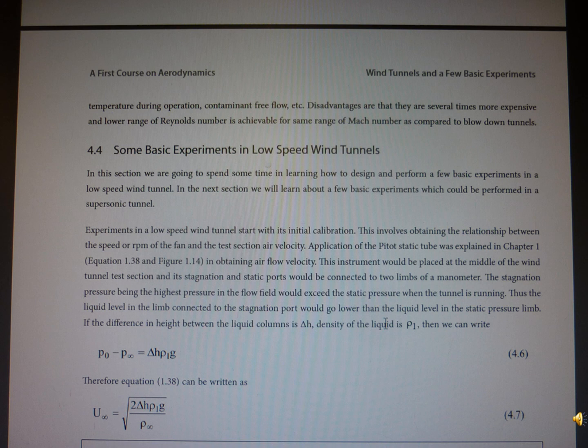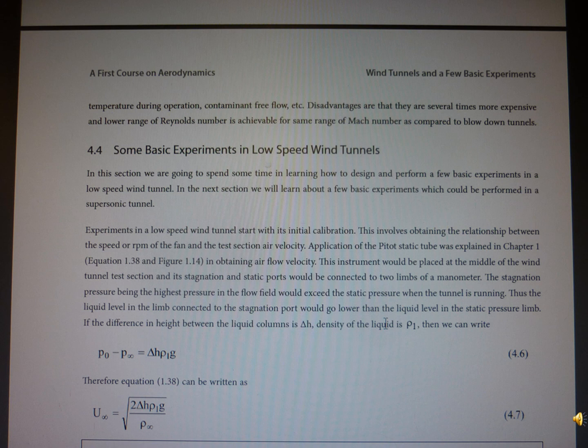Application of the pitot-static tube was explained, and so in obtaining the airflow velocity, this instrument will be placed at the middle of the wind tunnel test section, and the stagnation and the static ports should be connected to the two limbs of the manometer. The stagnation pressure, being the highest pressure in the flow field, will exceed the static pressure when the tunnel is running.